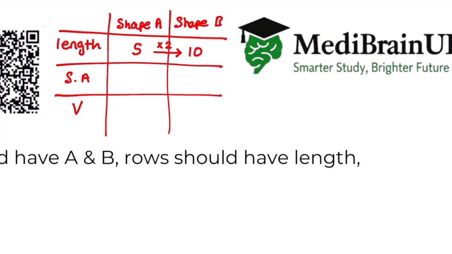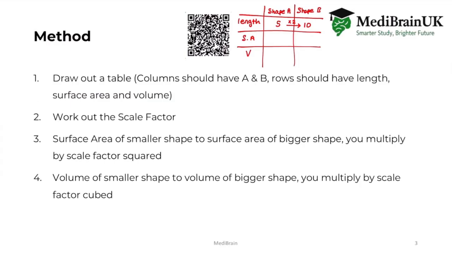That's what the scale factor would be. If the length of one shape was 10 and the length of another shape was 30, then the scale factor would be 3, because to get from one shape to another shape, you're going to have to multiply by 3. Okay, so that's what you do second. You work out what the scale factor is.